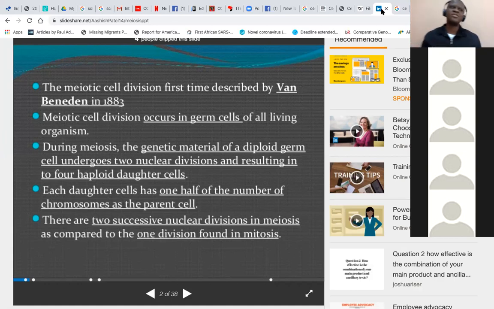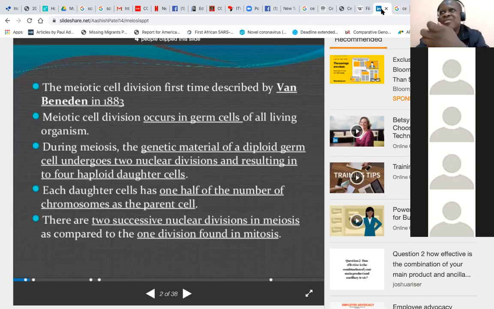So the first thing that differentiates mitosis and meiosis is the end result. Before you even talk about the chromosomal number, before you talk about the diploid or haploid state, the number of cells resulting from mitosis is just 2.